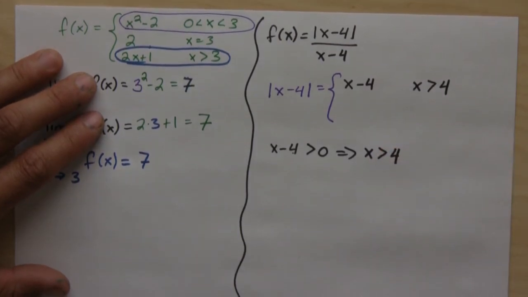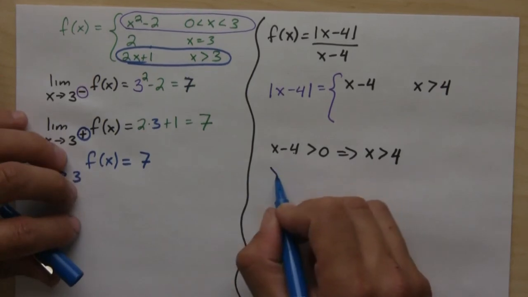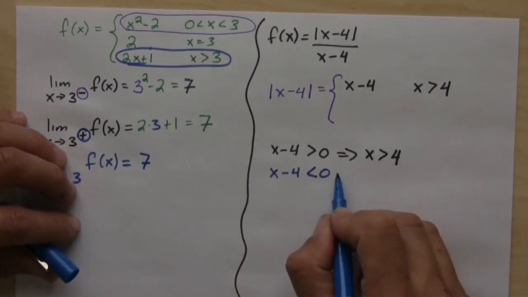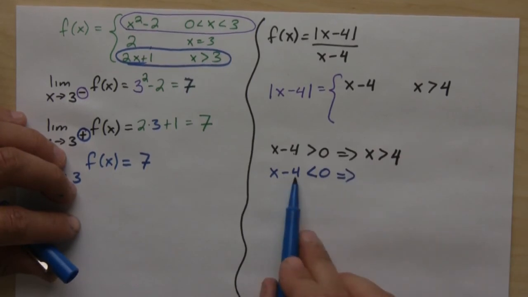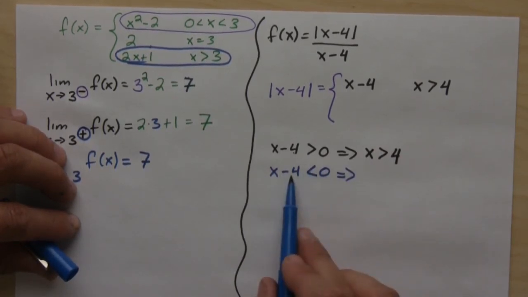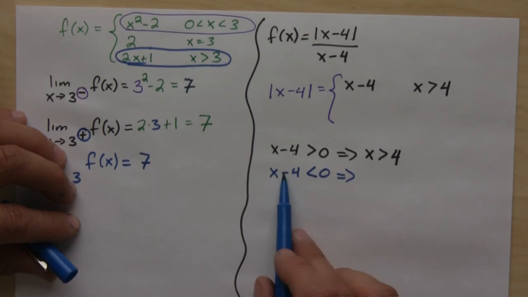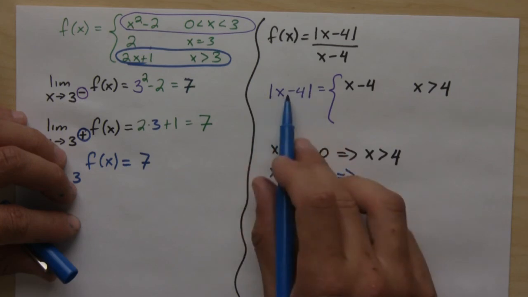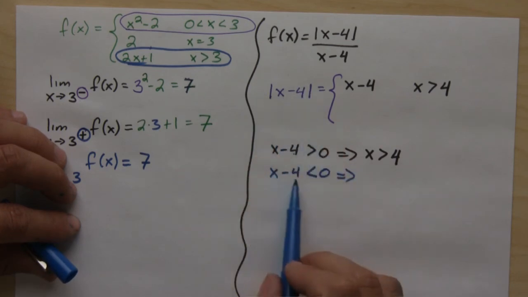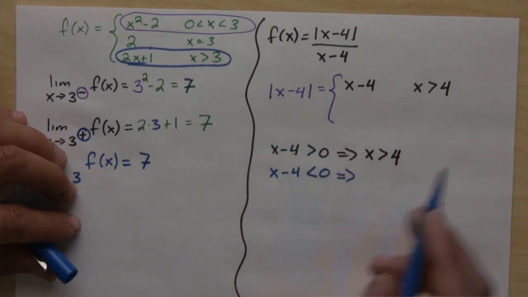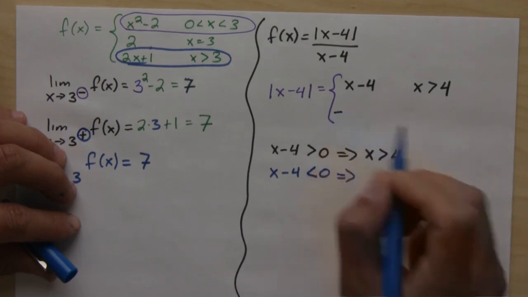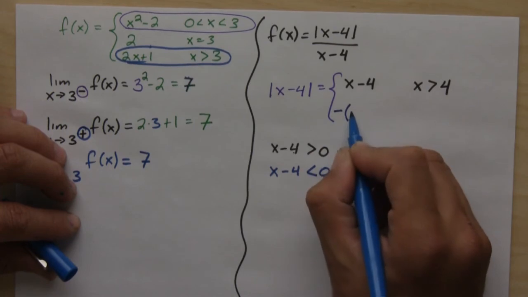But now what happens if x minus 4 is less than 0? Well, if x minus 4 is less than 0, that means this guy would be negative, but this is telling you that it's always going to be positive. So if this is always going to be negative, then you need to multiply the entire thing by a negative sign.